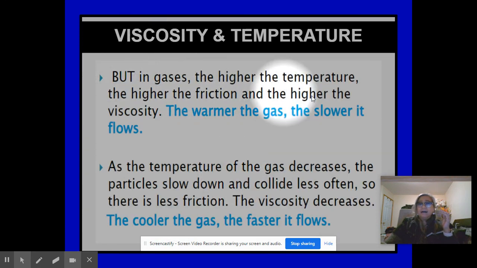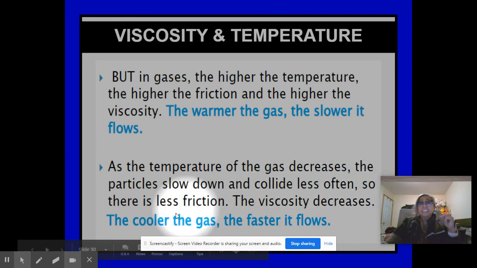But in gases, the higher the temperature, the higher the friction, and the higher the viscosity. The warmer the gas, the slower it flows. So, as the temperature of the gas decreases, the particles slow down and collide less often, so there's less friction. The viscosity decreases. Remember, the cooler the gas, the faster it flows.